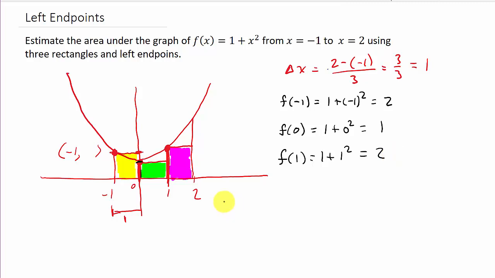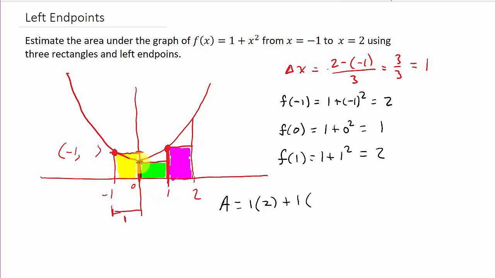So now we can calculate the area. Let's find the area of this first rectangle. It's the width, which is 1, times the height, which we calculated here to be 2, plus the area of this rectangle. Well, the width is 1, times the height.